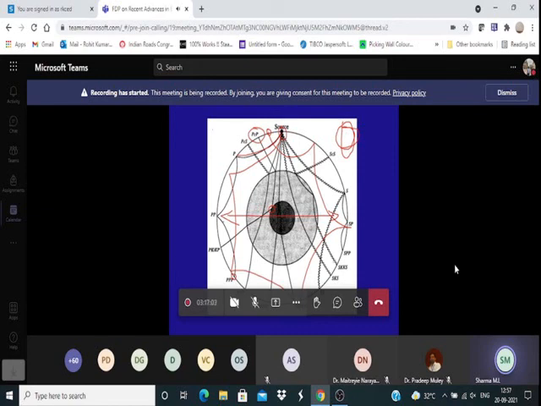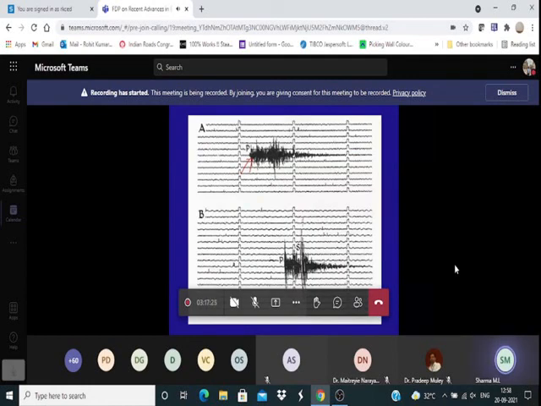These are some of the actual seismograms which I want to show you. This is the P wave, and somewhere here the S wave has come. Similarly here, the P wave, then the S wave has come. These are the actual seismograms recorded.